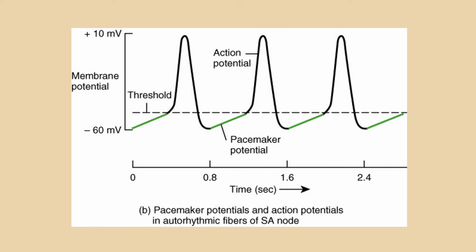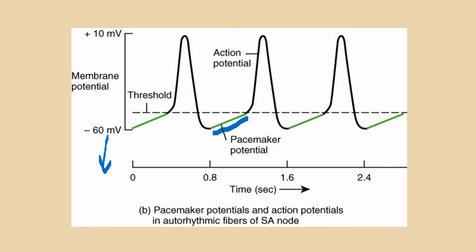In this way, acetylcholine is going to affect the steepness of the pacemaker potential. And by steepness, I mean the slope. So here's our pacemaker potential. It has a particular slope, like mathematical slope, rise over run. How steep is that pacemaker potential? Under the influence of acetylcholine, more potassium is going to leave the cell, making the inside of the cell increasingly negative, moving in this direction, away from zero.